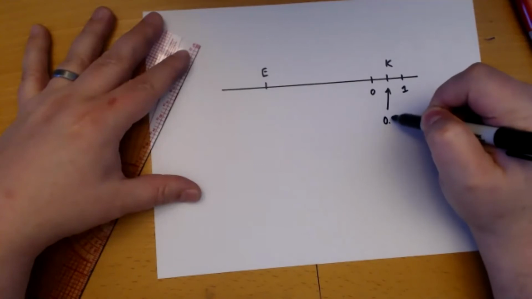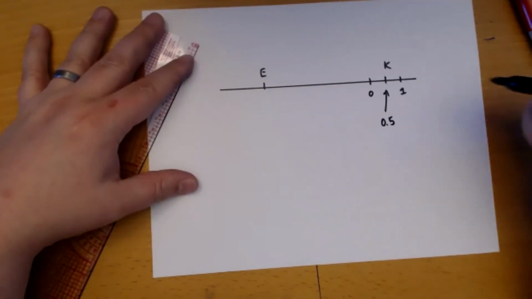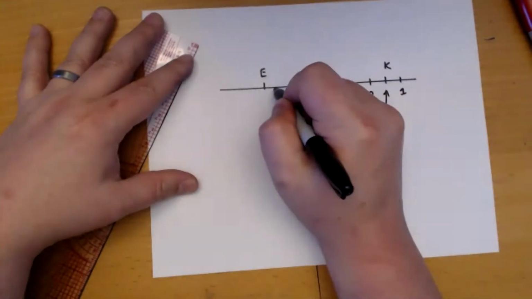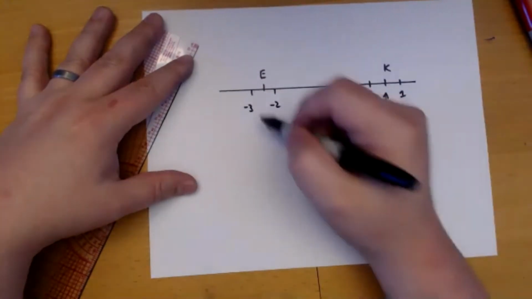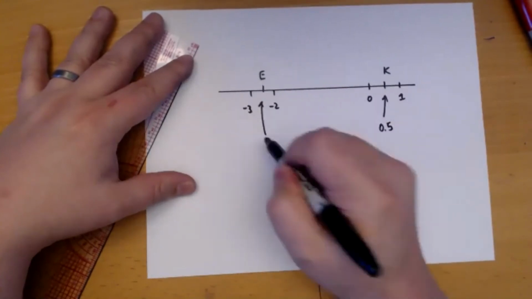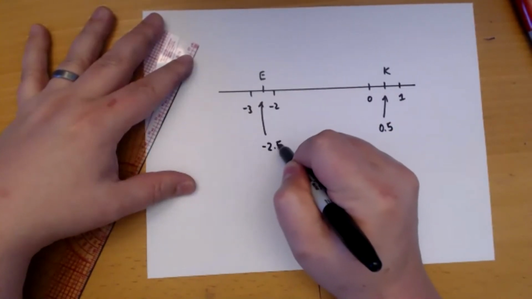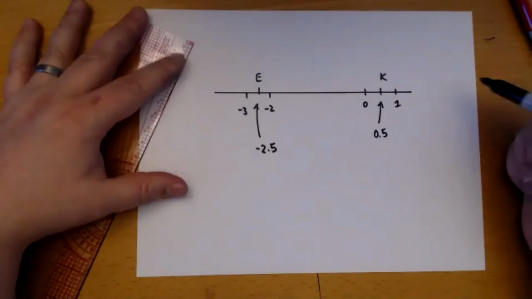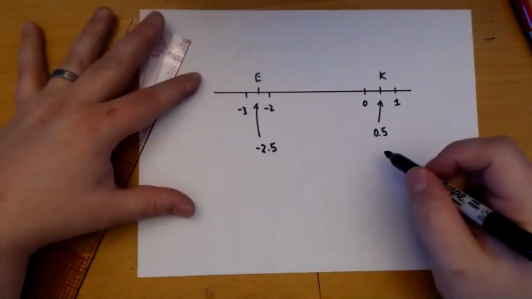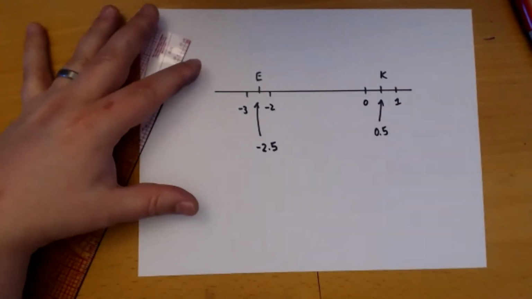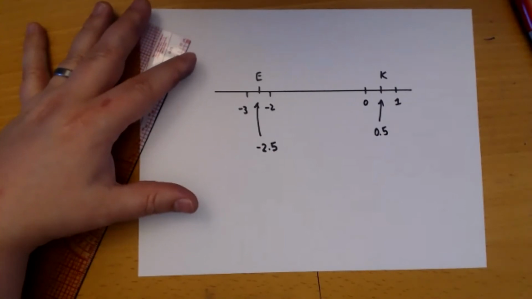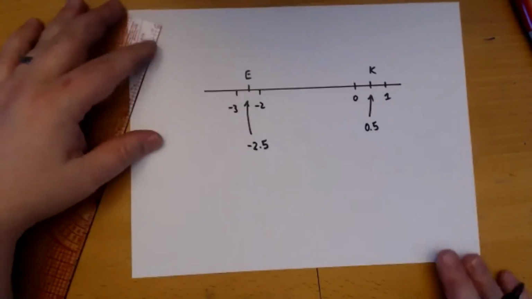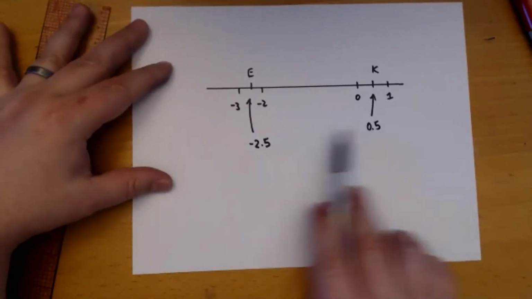So this is 1/2. And E is right in between -2 and -3. So it's at -2.5. So we're going to take those two and we're going to average them up. Go ahead and do that average between those two numbers.